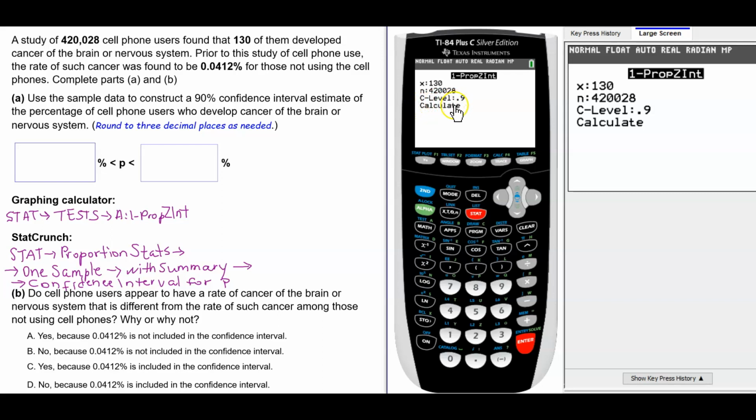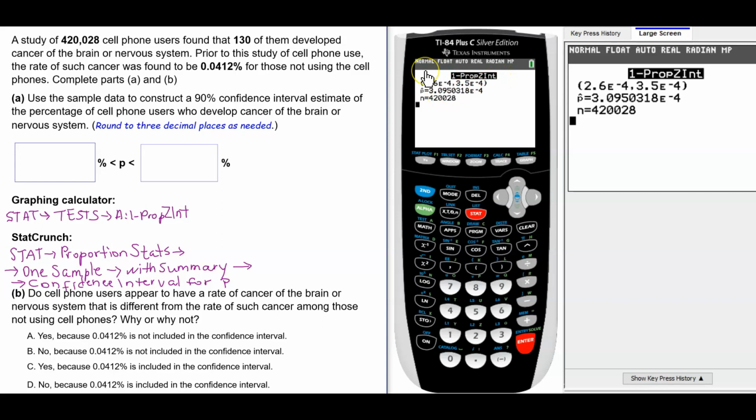Then the confidence level is 90%, so we're going to enter 0.9. Then calculate. And here is the interval. The left limit is 2.6e negative 4, and the right limit is 3.5e negative 4.